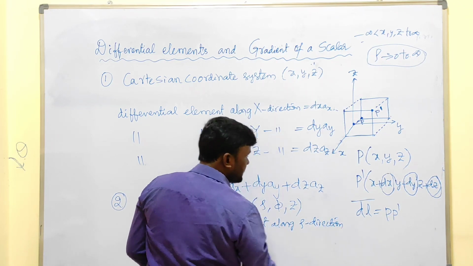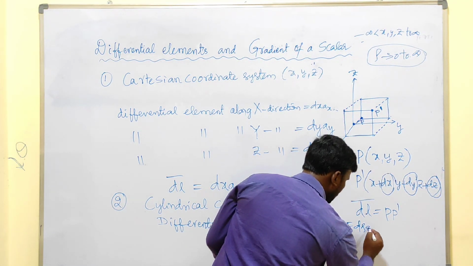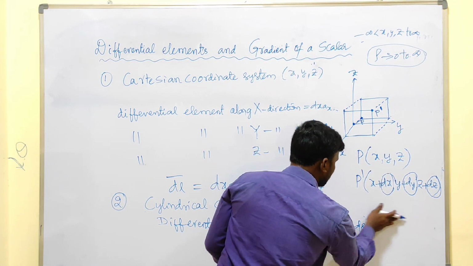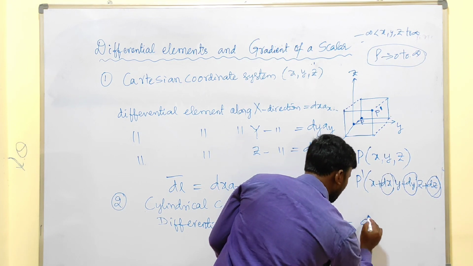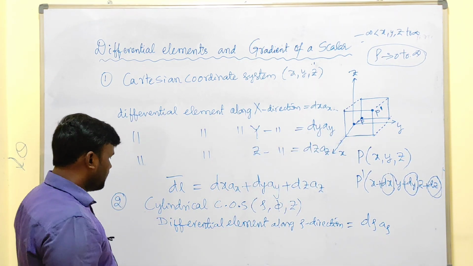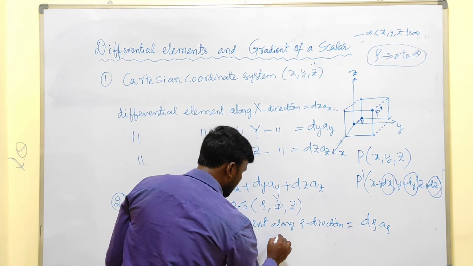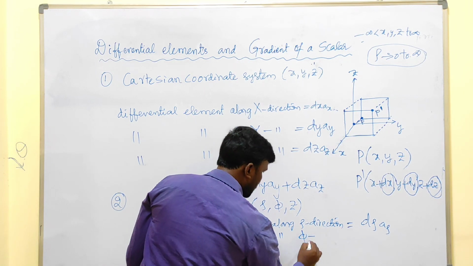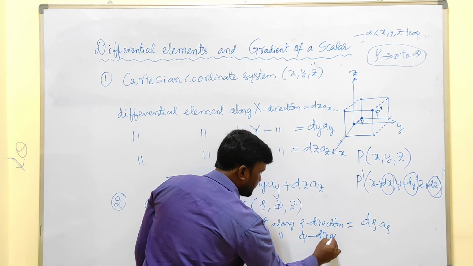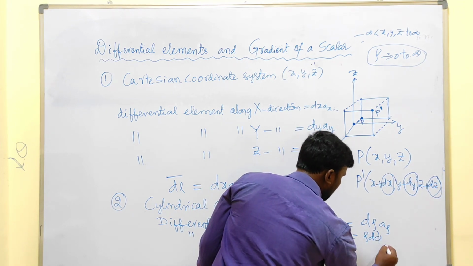For x it is dx ax, for rho it is d rho a rho. Similarly, the differential element along phi direction is rho d phi a phi.